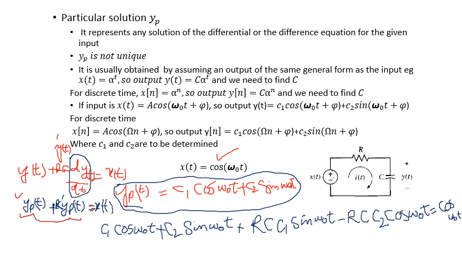So yp(t) we assume is equal to c1 cos omega naught t plus c2 sine omega naught t. If I replace here, this is the value of yp(t). Then we have RC times the derivative of yp(t). RC times the derivative of this will be c1 RC sine omega naught t.